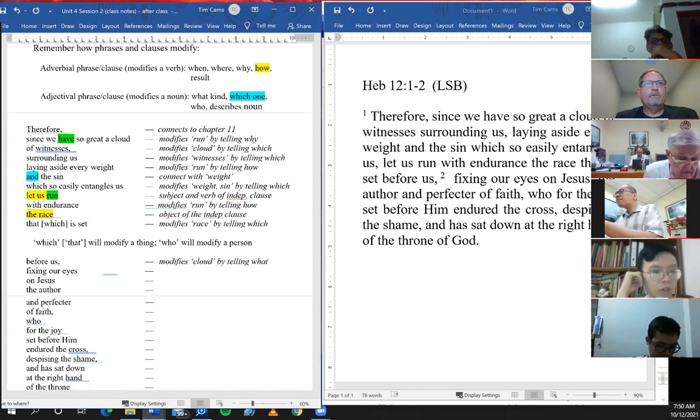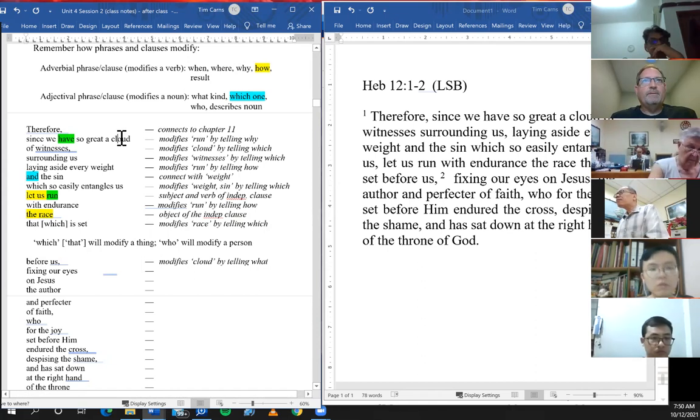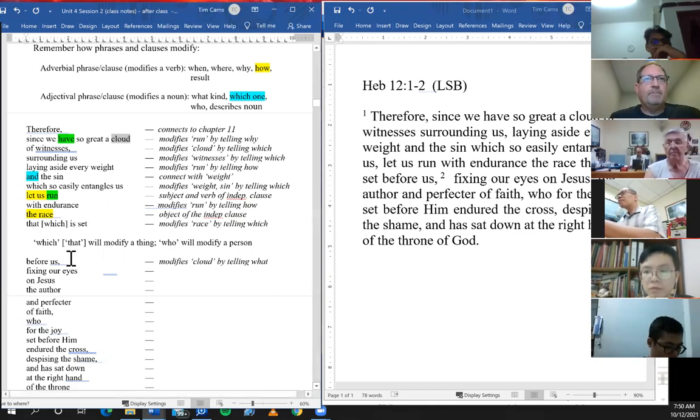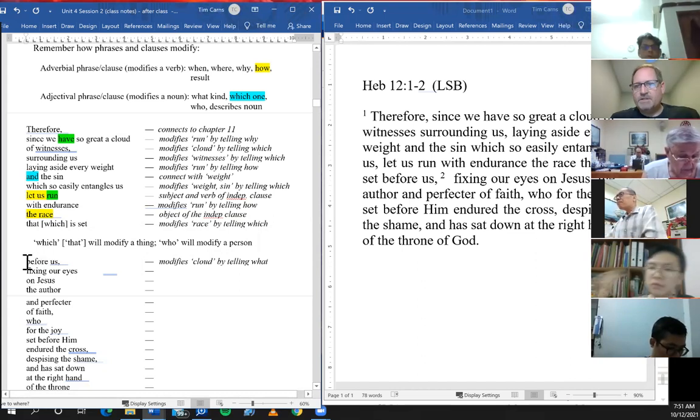So let's think about that for a minute. A couple of things. One is, cloud is pretty far away in the sentence. That doesn't mean that it can't modify cloud, but it's less likely. The further away a word is in the sentence, the less likely it's modifying that word. So we want to start with words that are closer to the phrase. So I go back and say, what question is this answering?